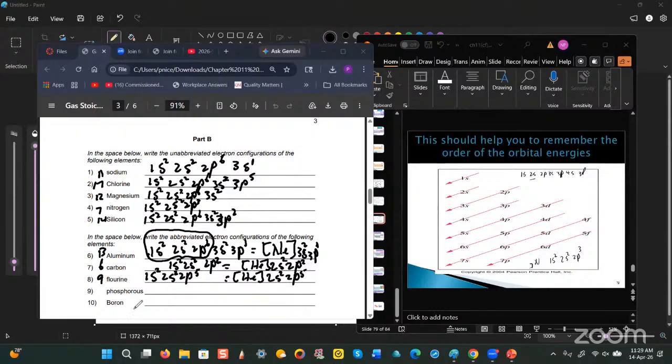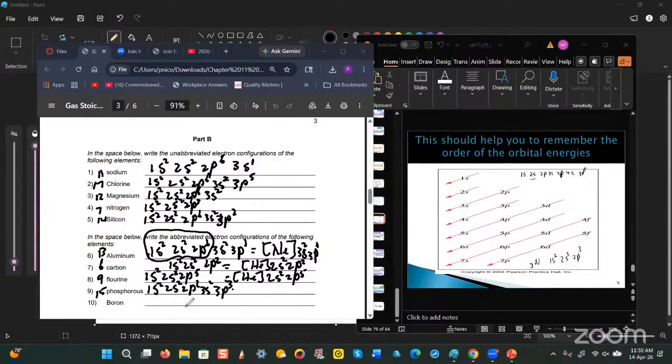Okay, phosphorus. 15 is the atomic number. So what should I write down here? Let's start off with the full. 1s2, 2s2, 2p6, 3s2, 3p3.